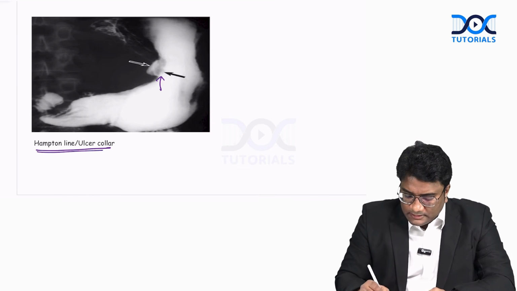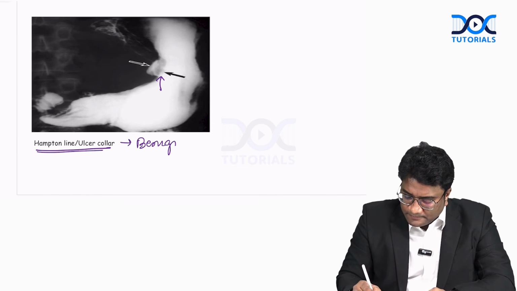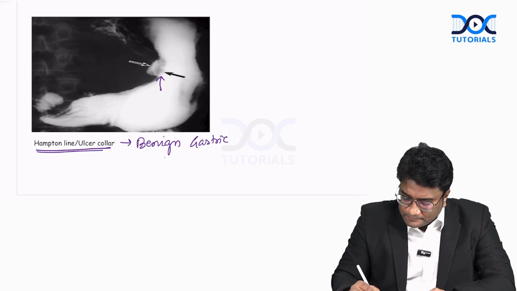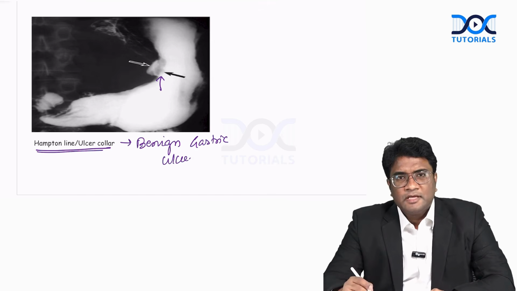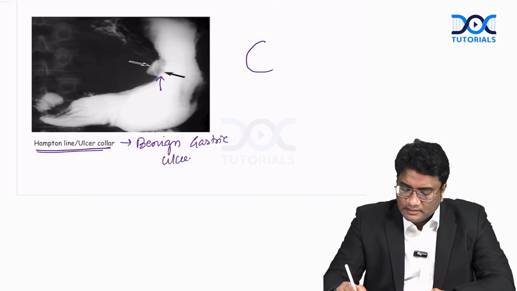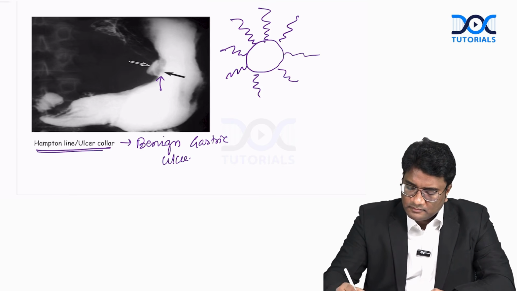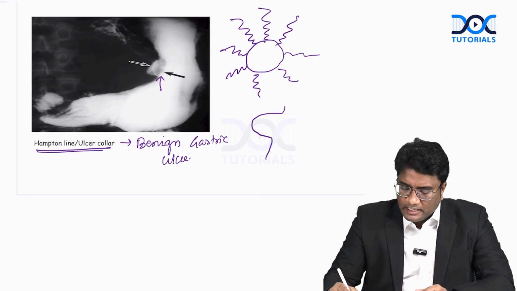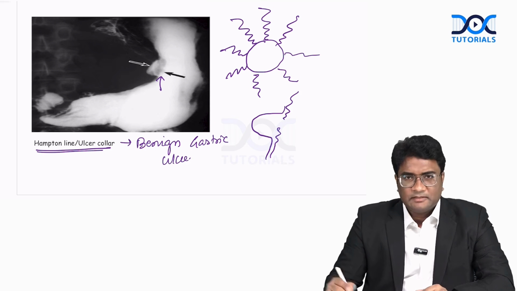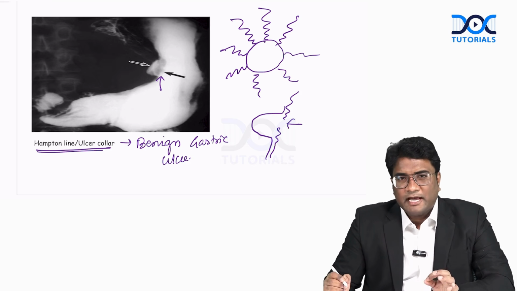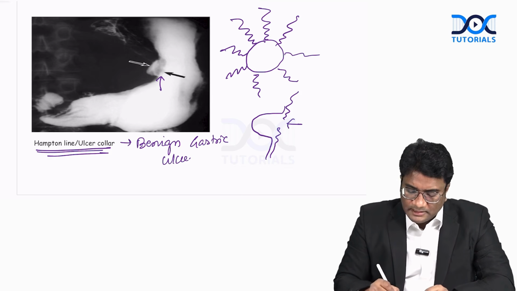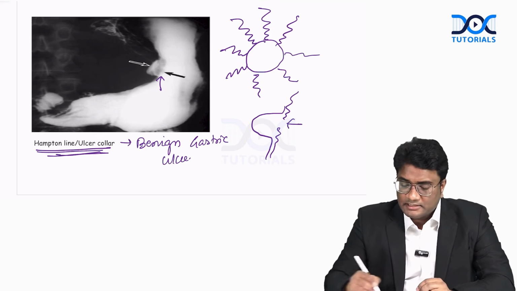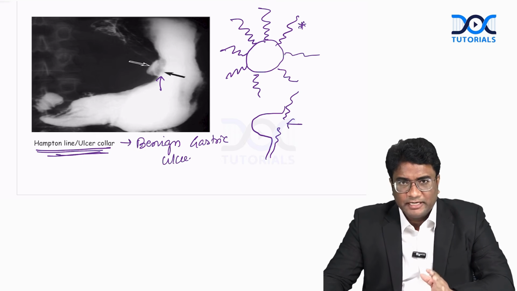Hampton's line or ulcer collar is suggestive of a benign gastric ulcer. In benign gastric ulcer, the mucosal rugae reach till the ulcer base. When you see a lateral view, you see the outpouching and the mucosal rugae coming till the ulcer base, giving an ulcer collar or a Hampton's line.